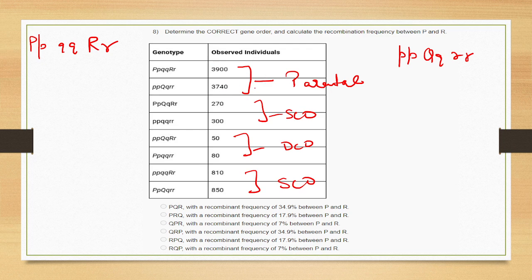Sorry, double crossover classes. So these are the two double crossover classes. So I will write it here. You see, this is your double crossover class P P Q Q R R, and the next one is P P Q Q R R.